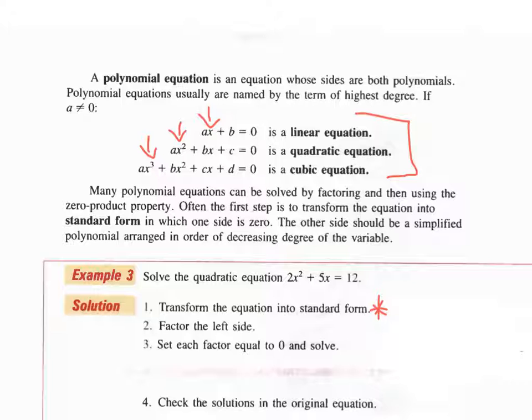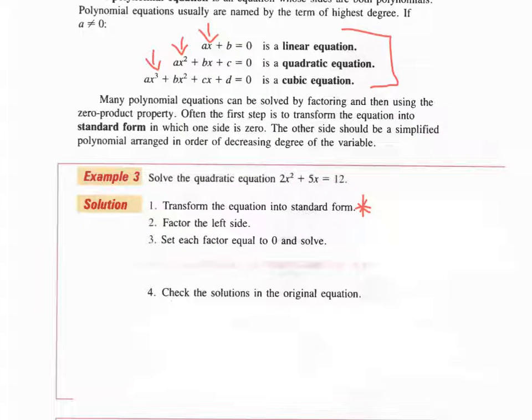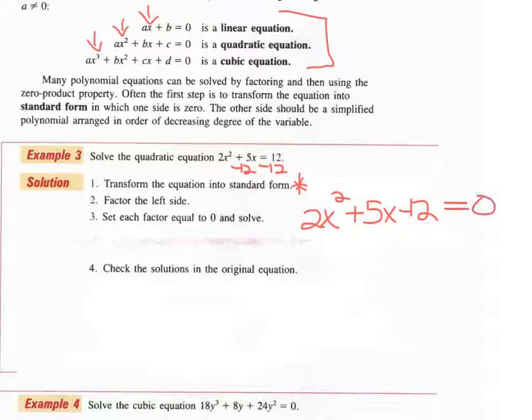So what I need to do is put it in order from greatest to least of exponents. So I'm going to put the 2x squared first. It's already there. The 5x is there. But then I need to minus the 12 because I need to set my equation equal to 0 so I can solve, so I could factor and then solve.